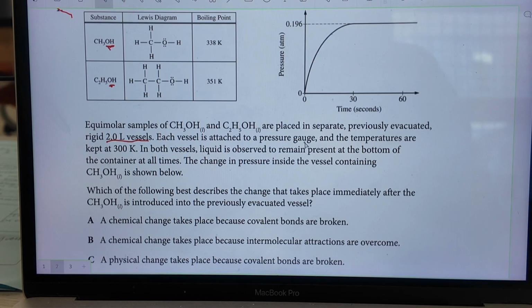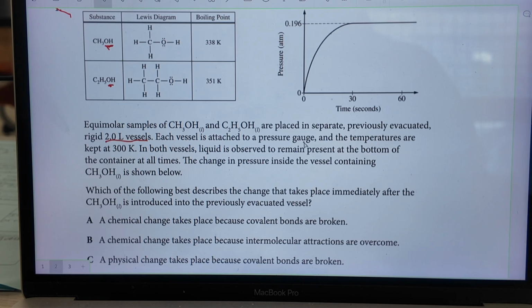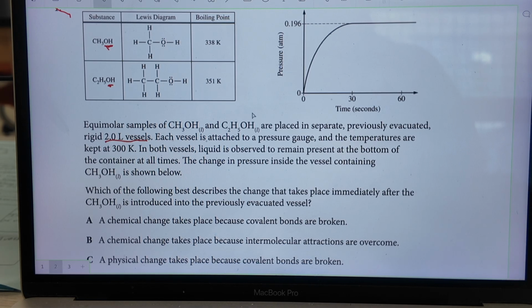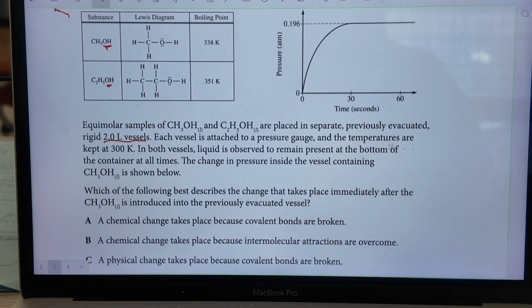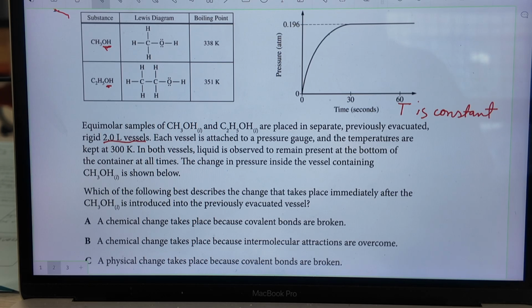Each vessel is attached to a pressure gauge, and temperatures are kept at 300 K. So temperatures are constant. So I'm just going to write here, T is constant. It's attached to a pressure gauge.